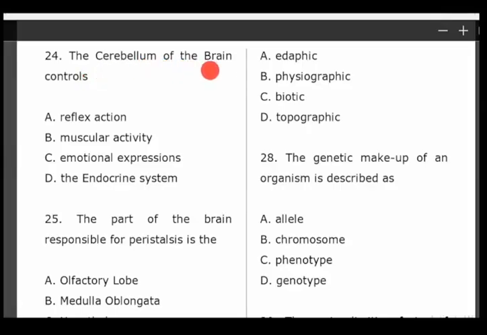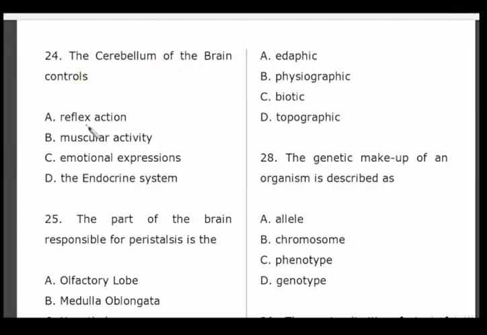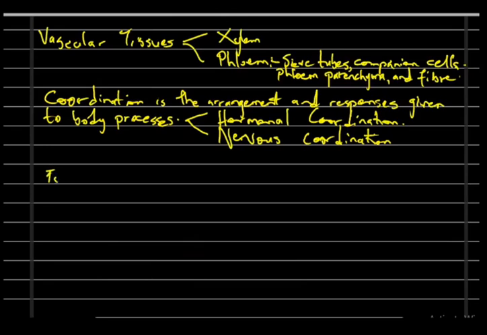The cerebellum of the brain controls: A. Reflex action, B. Muscular activity, C. Emotional expressions, and D. The endocrine system. When we talk about the cerebellum, we're talking about a major functional part of the brain found in the hindbrain, and it has numerous functions. So we'll quickly look at some of the functions of the cerebellum.